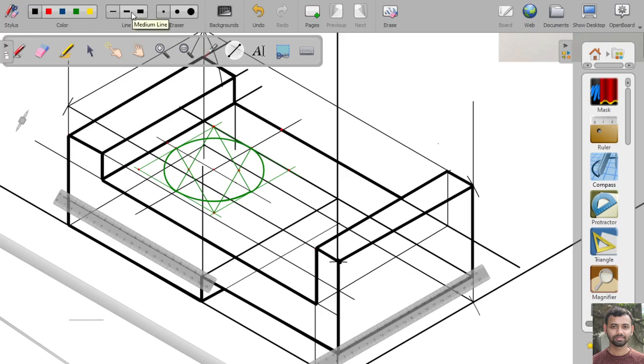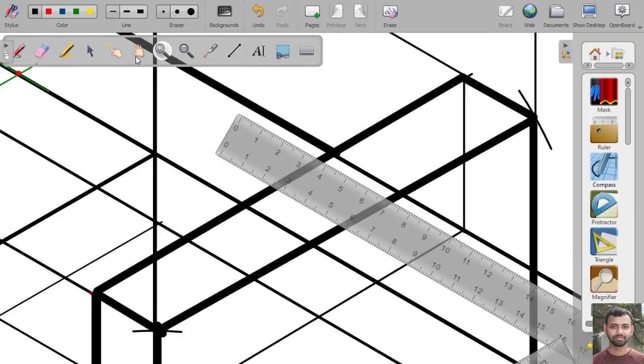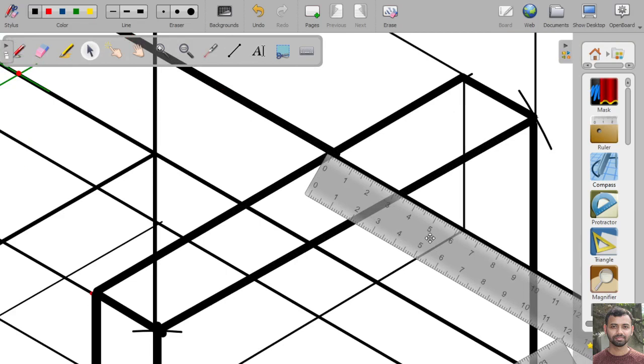To do that, at first we will draw from this point at a distance of 90 mm. We can measure with the help of the scale. This dimension is 60 mm, so we can measure 60 mm distance.